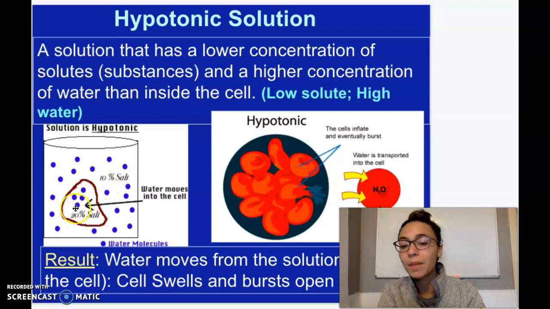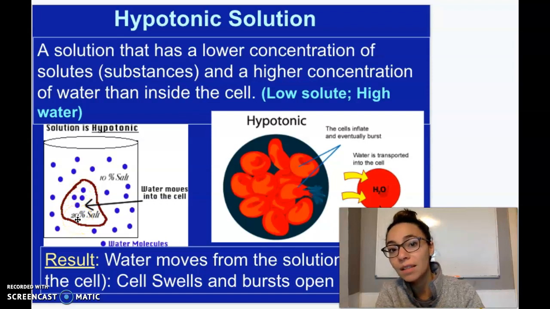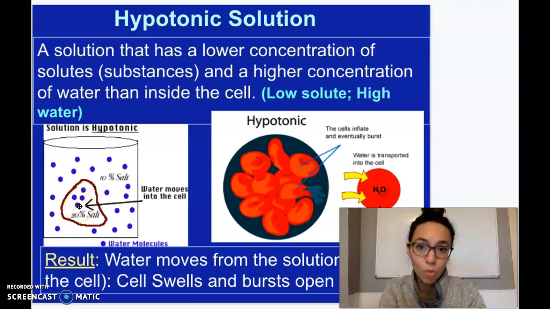And if I'm giving you percents like this, assume that the only other thing in the solution is water. So if there's 10% salt, there's going to be 90% water outside the cell. If there's 20% salt inside the cell, there's going to be 80% water.